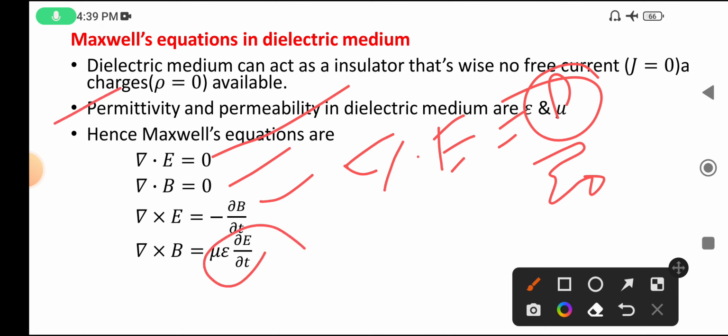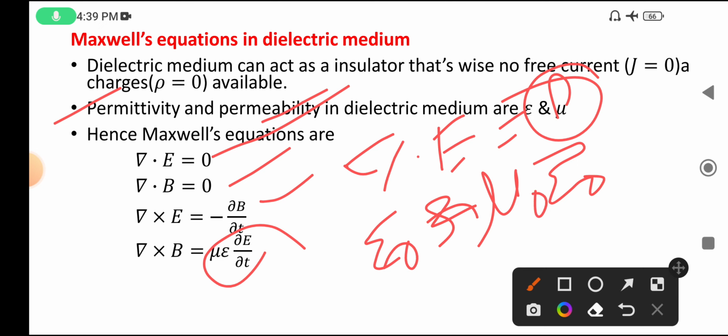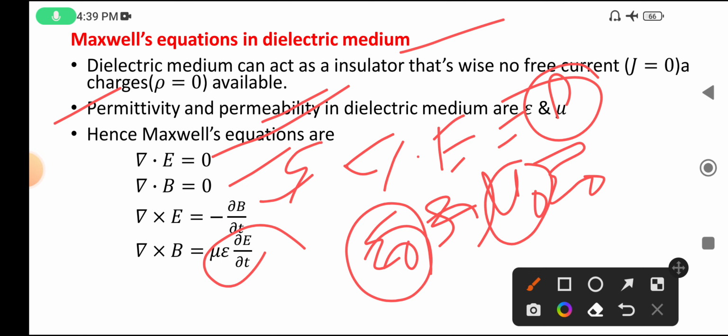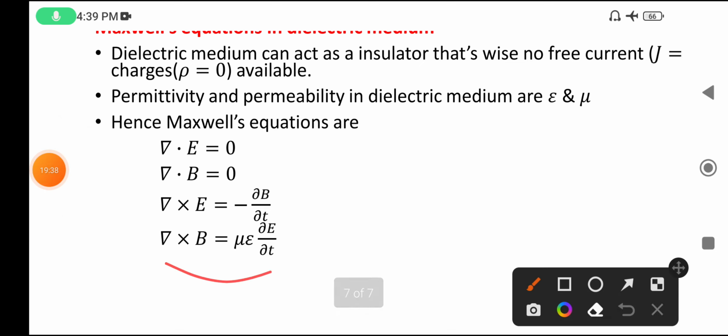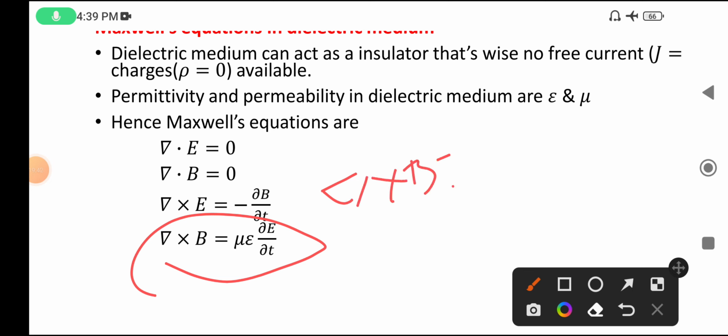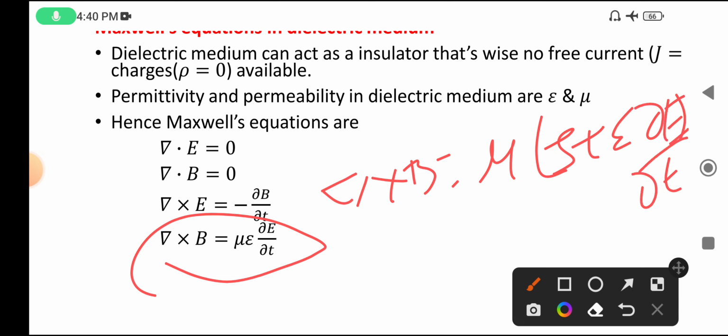Here permittivity and permeability in dielectric are denoted by epsilon and mu only, not epsilon naught. Don't write epsilon naught and mu naught in a dielectric medium. In free space only, we have to write like this. But in a dielectric medium, epsilon and mu only. See this formula in dielectric medium: del cross B is equal to mu into J plus epsilon dou E by dou t.